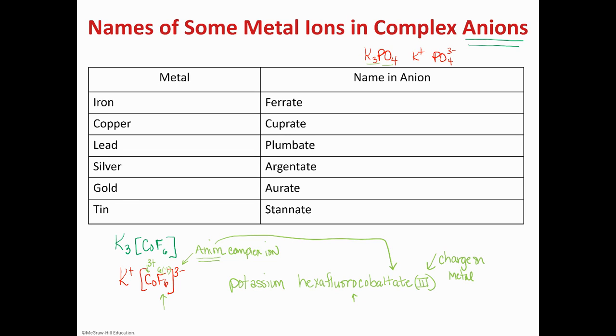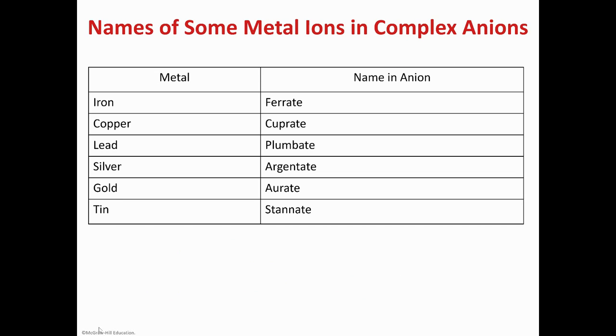Okay, so one last one, just to be thorough on this. Let me give you one more. Okay, so take a minute. You can pause me and figure out what the charge is on the iron, and what the charge is on the complex ion.